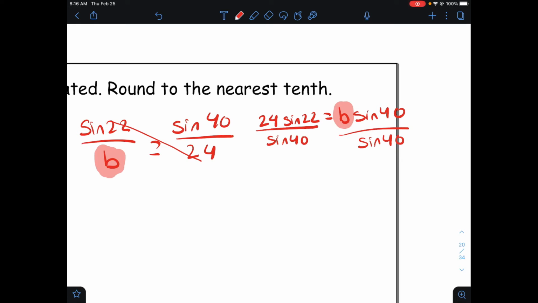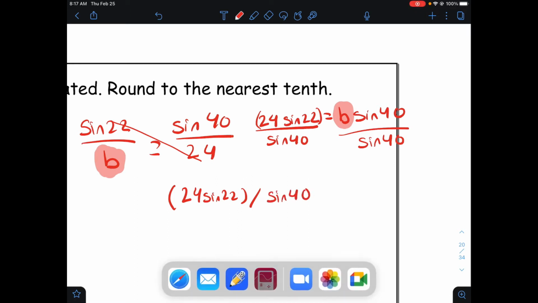In my calculator, I'm going to plug in parentheses 24 sine of 22. I always put parentheses around my numerator and denominator here. Then we're going to divide by sine of 40. Let's open up our calculator and give it a shot.